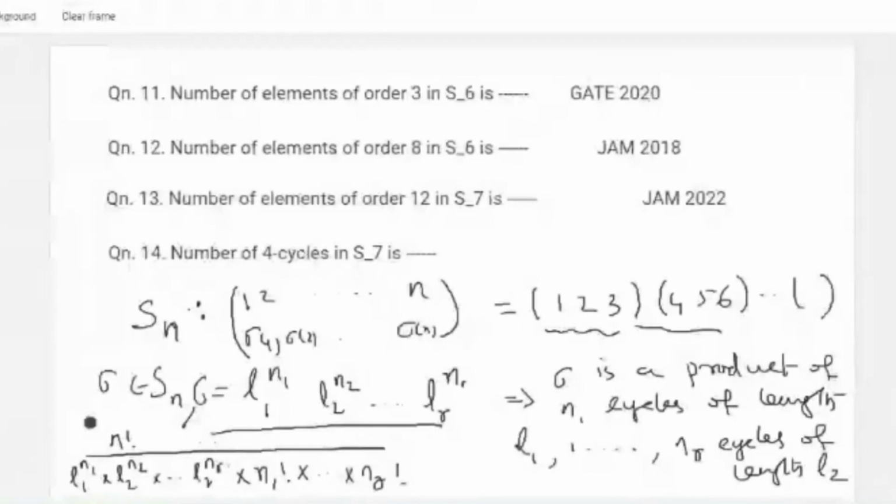The number of elements having this structure is counted using this formula. So if you know the formula, it is easy to find the elements of this particular structure. Okay, I think all of you got the idea.